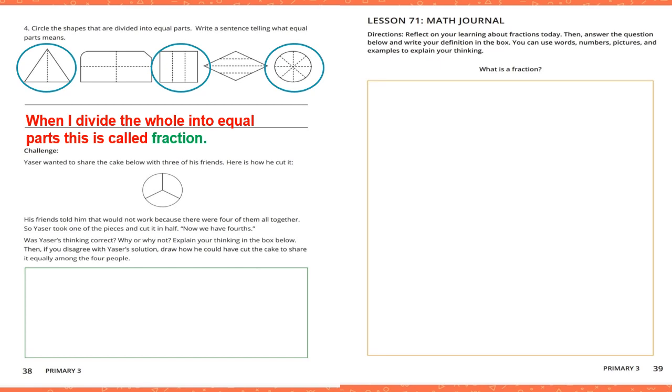So it's not correct. So Yasser took one piece of these thirds and cut it into halves.